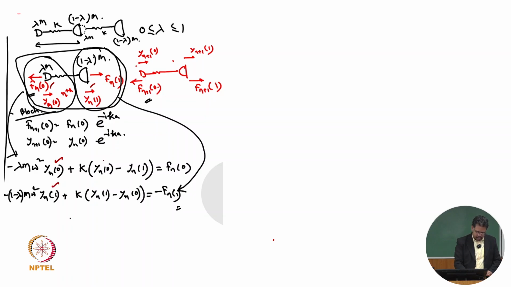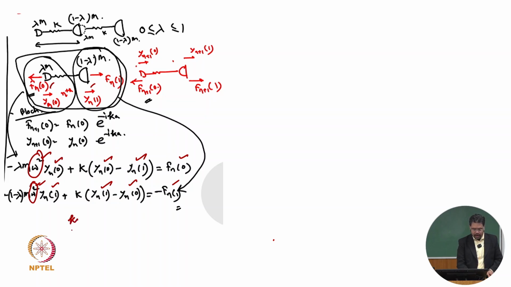Then yn0, yn1, this and this. Now you see in this equation omega is here, we have omega, but what is missing? What is missing from here? Wave number.